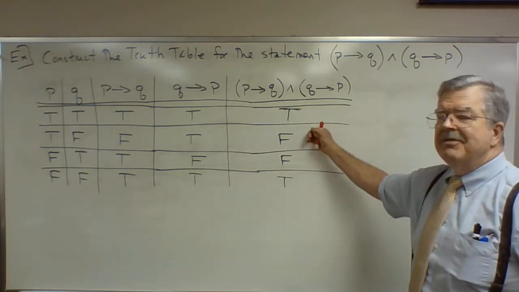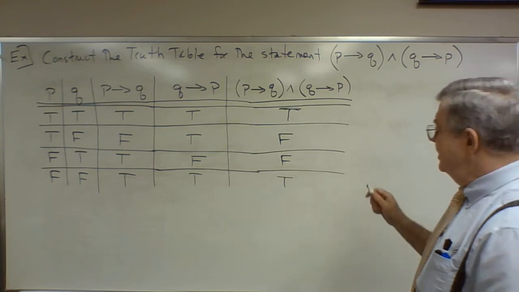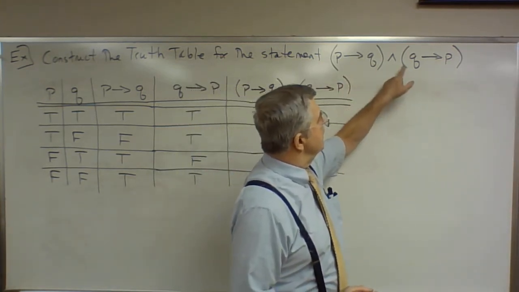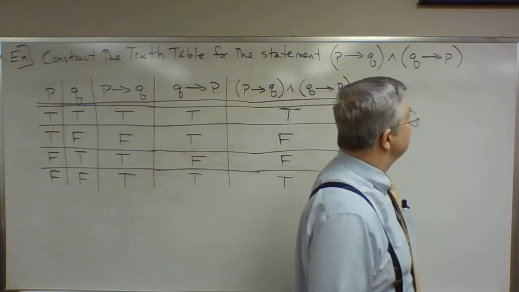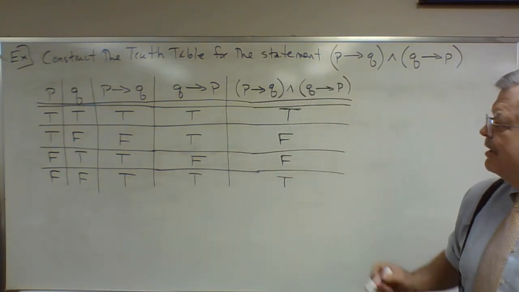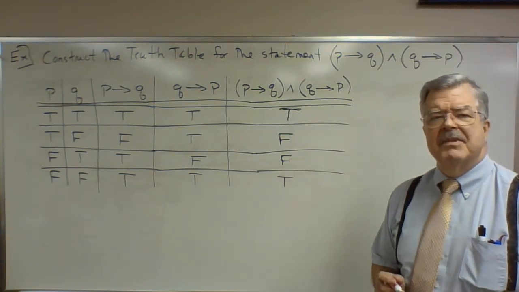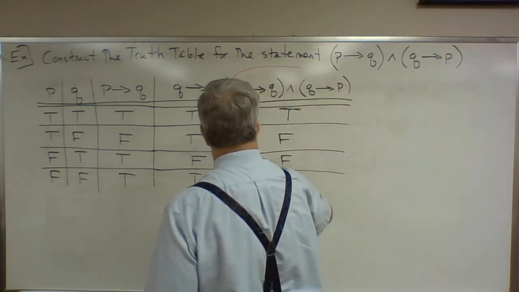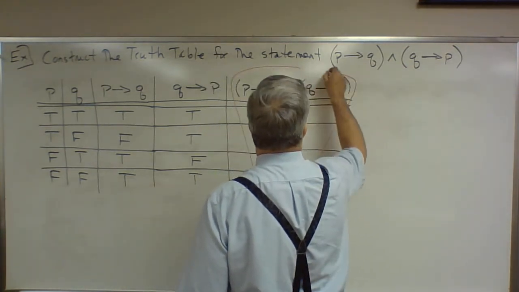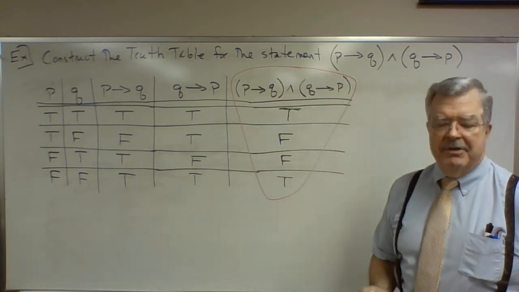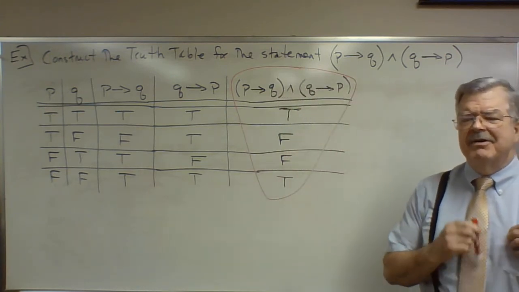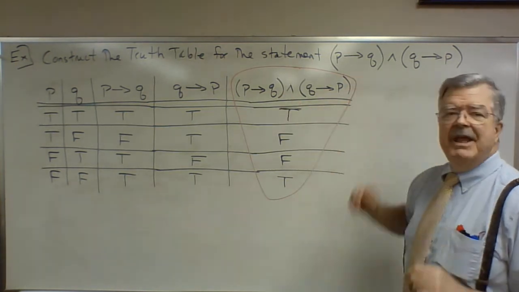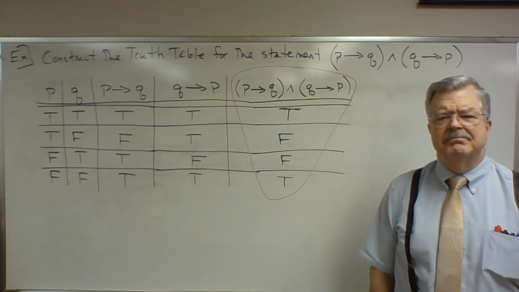Okay, we've got everything right now. This is the truth table for P implies Q and Q implies P. Are we going to memorize this table? No. We're just going to remember the truth values. We're going to remember the truth values for about another 5 or 10 minutes, and then we won't really care about this statement ever again, I don't think.